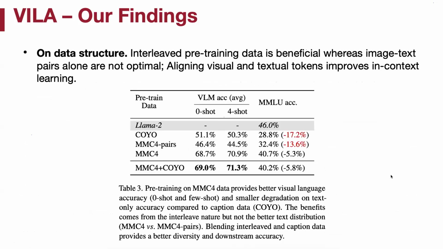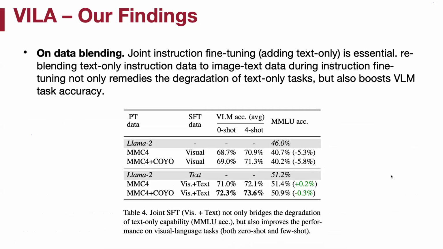As we unfreeze the language model, the most common, intuitive question is: will that diminish the capability of the language model? Because the language model is pre-trained, and now you tune it towards visual signals, will it forget previous knowledge? The interesting finding is that the language model only slightly forgets, but the memory is still there.